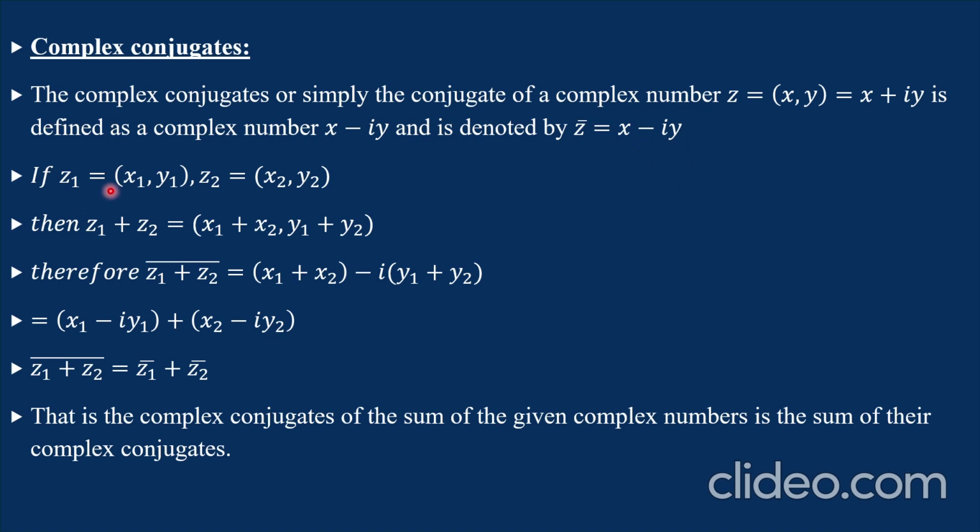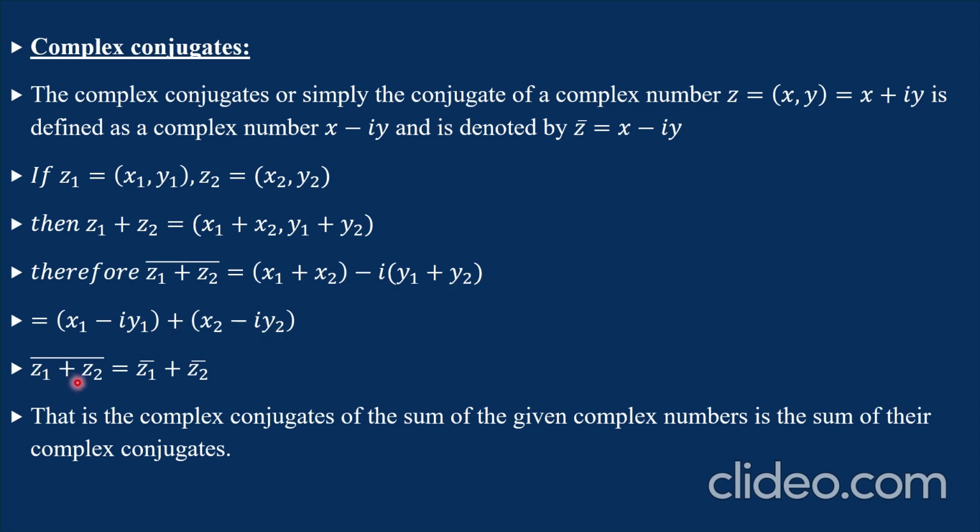If z1 is equal to (x1, y1) and z2 is equal to (x2, y2), then z1 plus z2 is equal to (x1 plus x2, y1 plus y2). Therefore, the bar of (z1 plus z2) is equal to x1 plus x2 minus i into (y1 plus y2), which is equal to (x1 minus iy1) plus (x2 minus iy2).